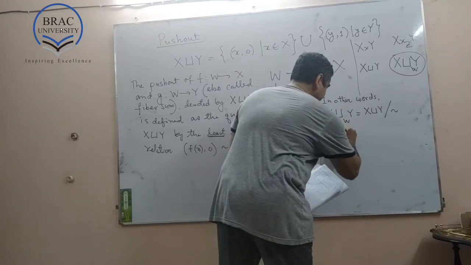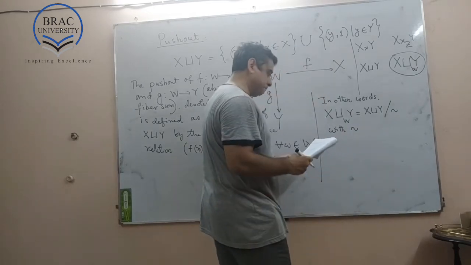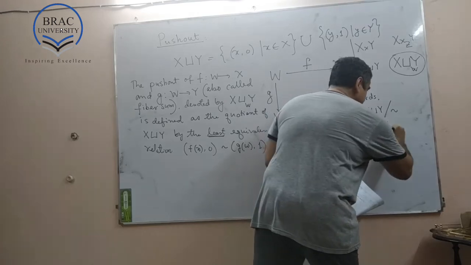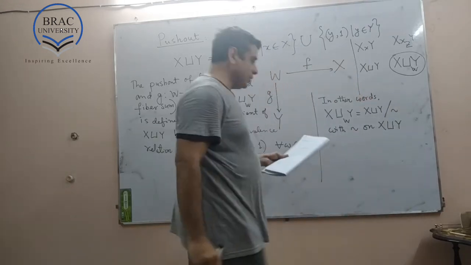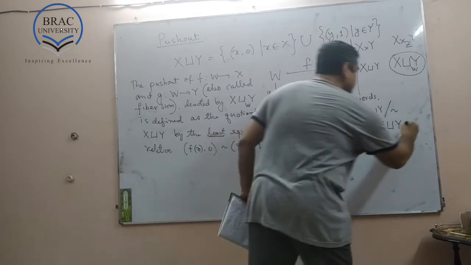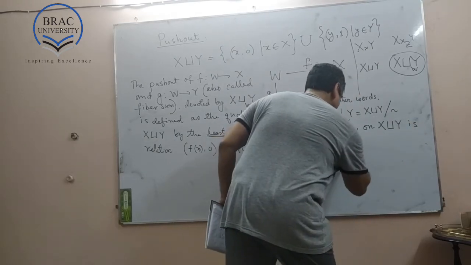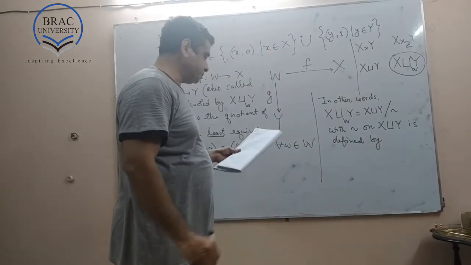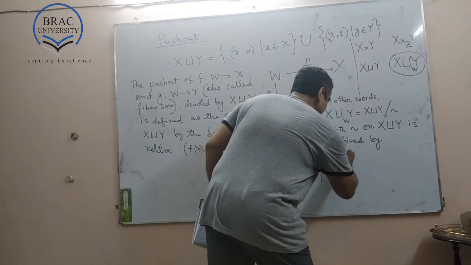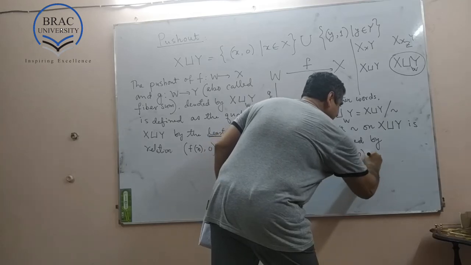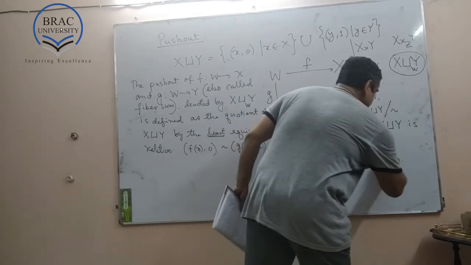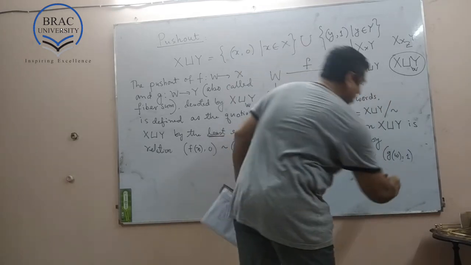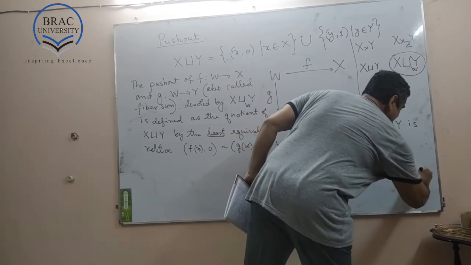This equivalence relation on the disjoint union of X with Y is defined by f(w), 0 being identified with g(w), 1 for all w in W.